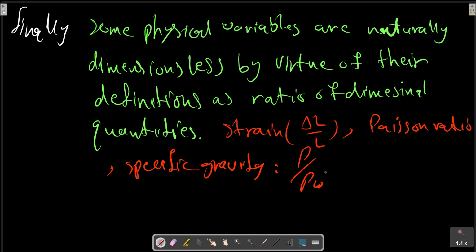These physical variables are naturally dimensionless by virtue of their definition as ratios of dimensional quantities.